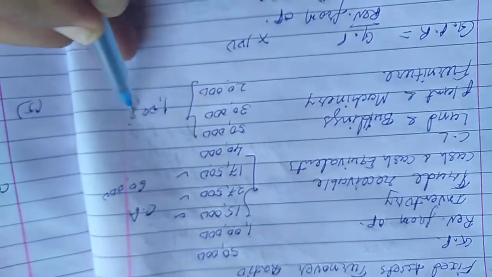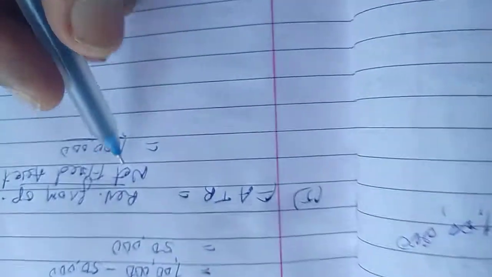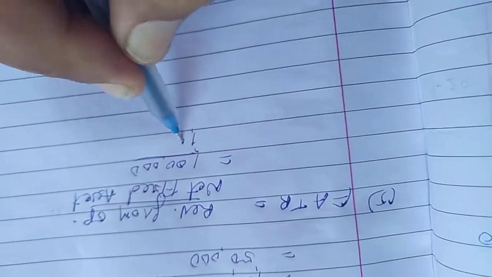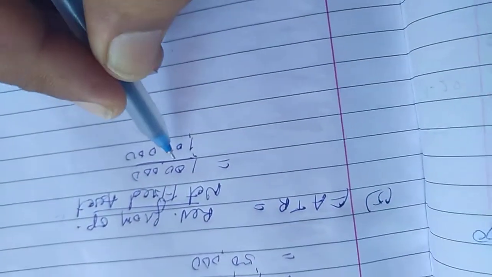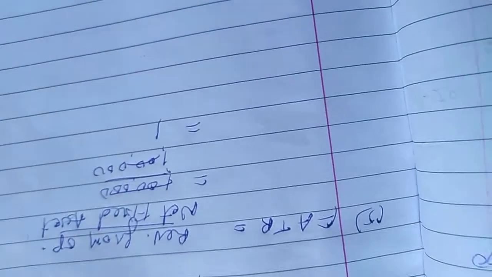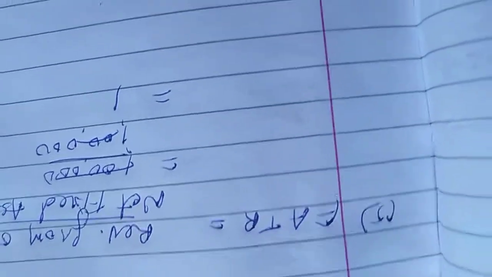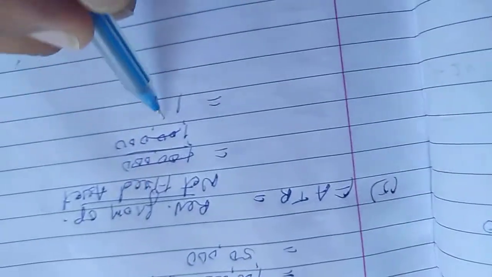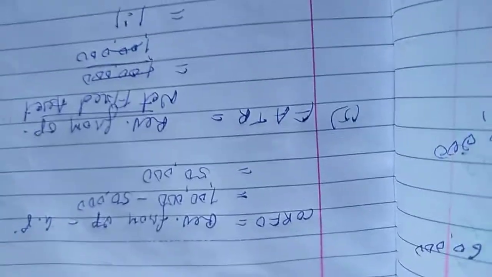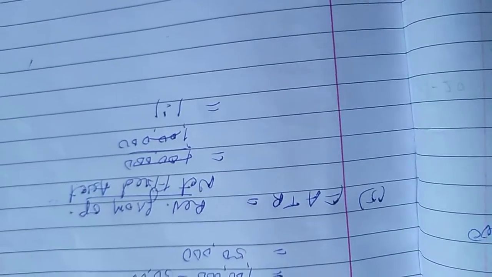Fixed asset is 1 lakh. So 1 lakh divided by 1 lakh is equal to 1. So fixed asset turnover ratio is 1 is to 1.